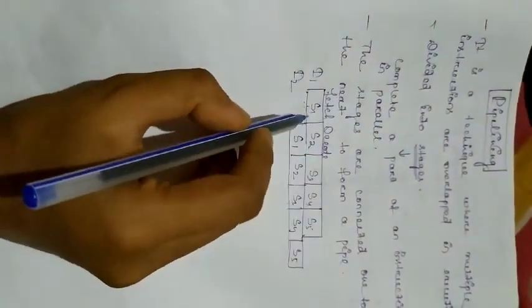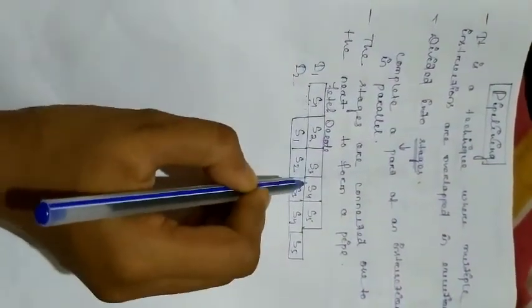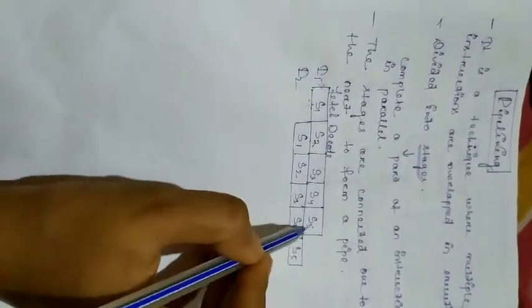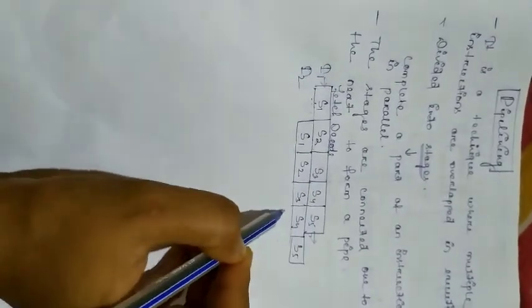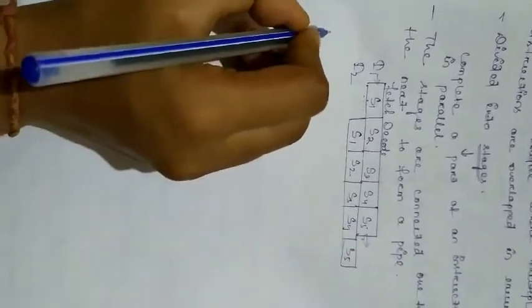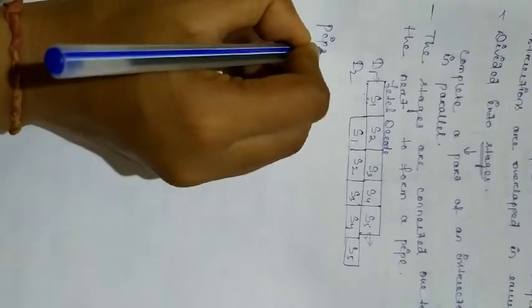Like this, one stage is connected to another like a pipe. An instruction has to enter at one end and exit at the other end. So what is the pipe concept?